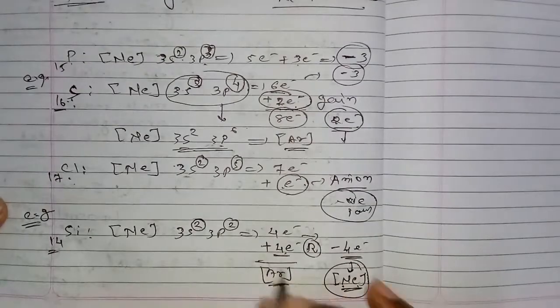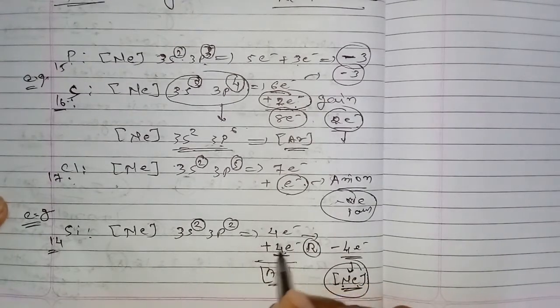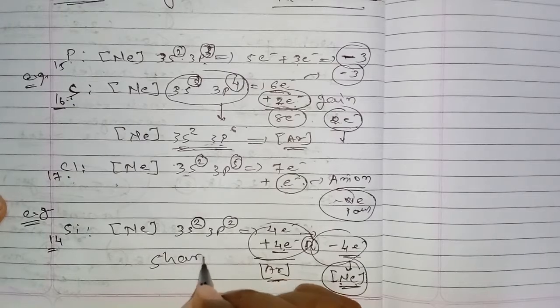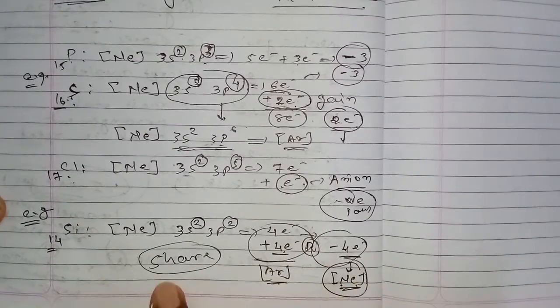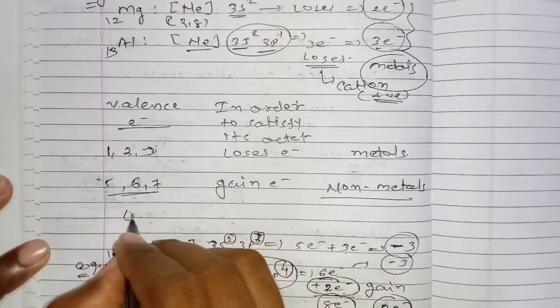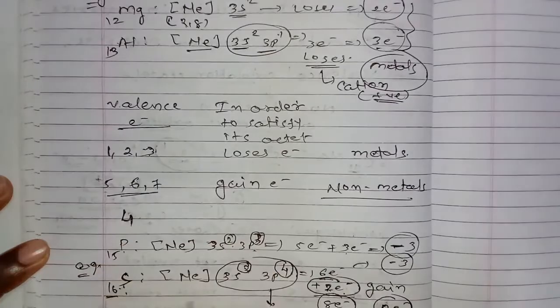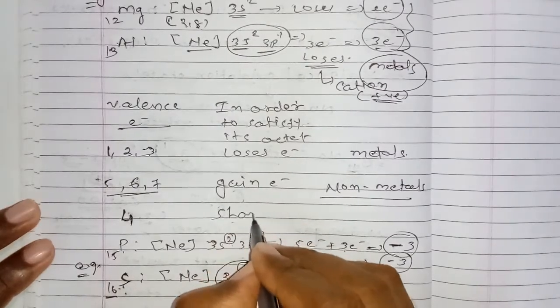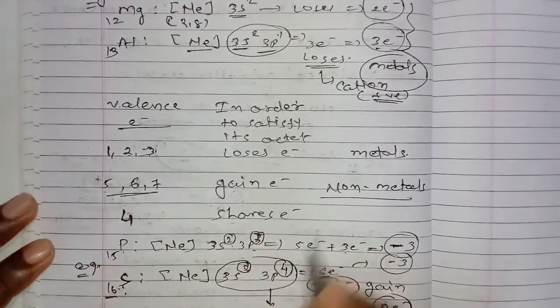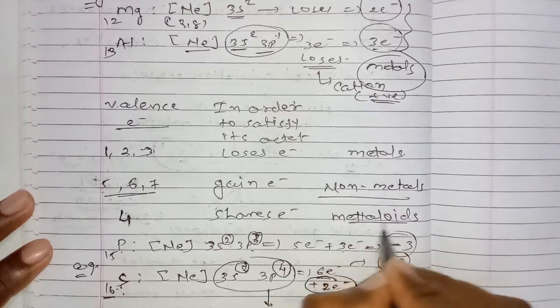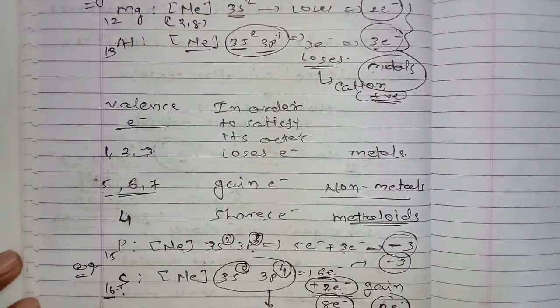So here they share electrons. In the valence shell there are 4 electrons, they share electrons, and they are metalloids.